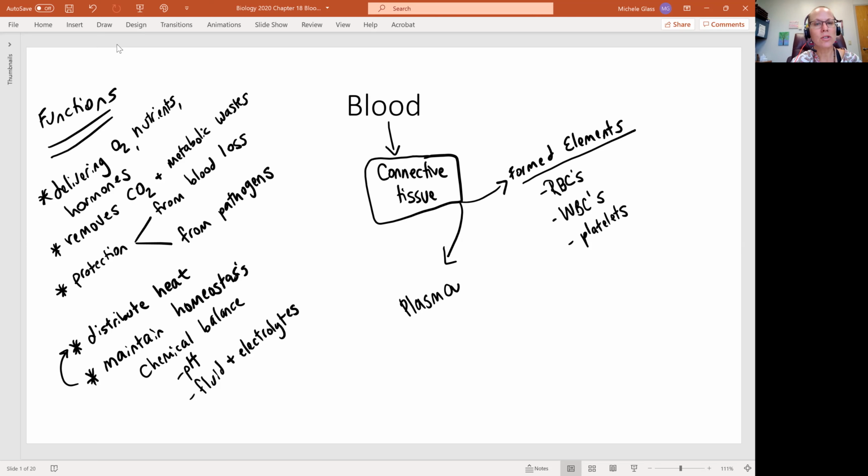And the reason that these are described as formed elements instead of that specialized cell is because we'll see a mature red blood cell has really no organelles. And we'll see that a platelet is actually a cell fragment. And so red blood cells and platelets are not cells like we talked about way back in chapter 3.